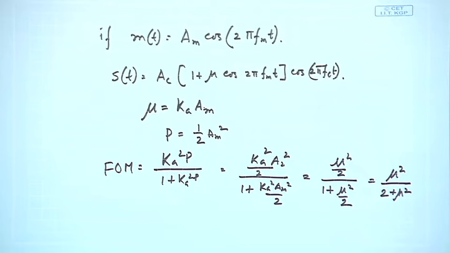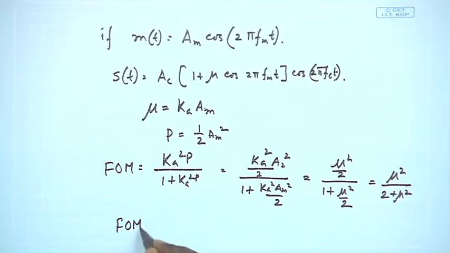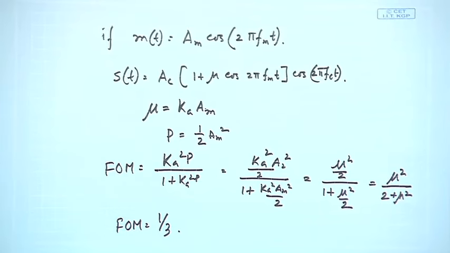What is the highest value of mu that I can take? 1. We have already seen that for proper AM modulation, so that we have enough DC shift and it does not do any zero crossing, so that envelope detection is proper, the maximum mu I can take is 1. So, if I put that maximum mu, I can immediately get the figure of merit to be 1/3.